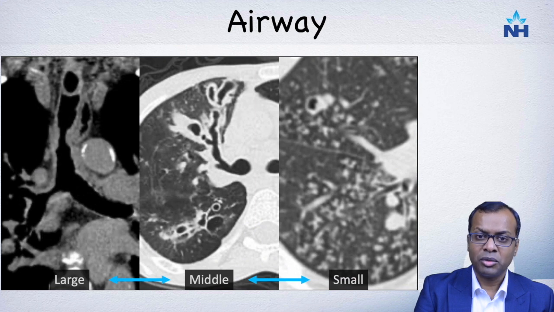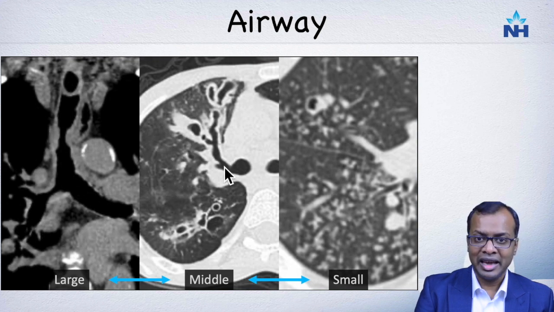Airways can be broadly classified into proximal, middle, and distal. The proximal airways, where we are talking in terms of trachea, the pathology tends to be either an endobronchial obstructive lesion, or you could have a cancerous growth which is causing compression from the wall inwards.